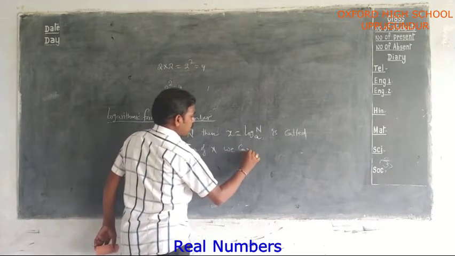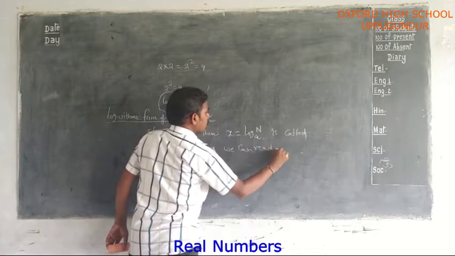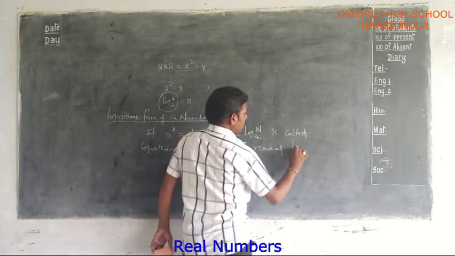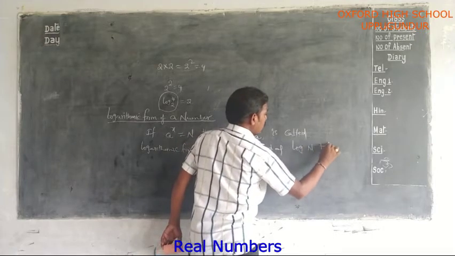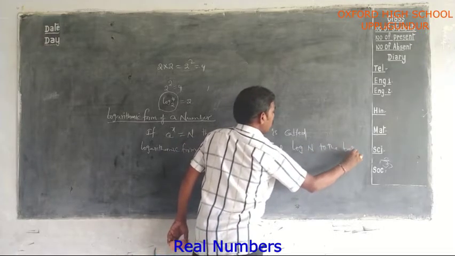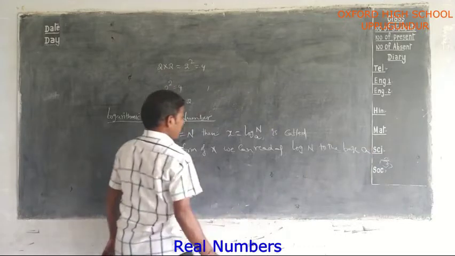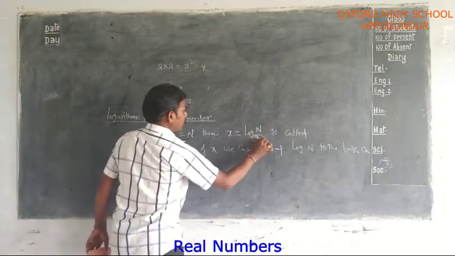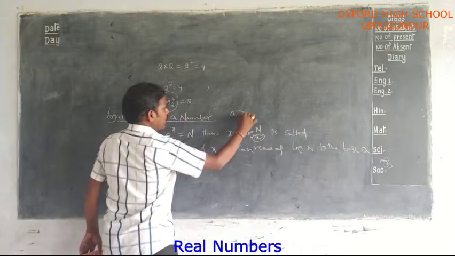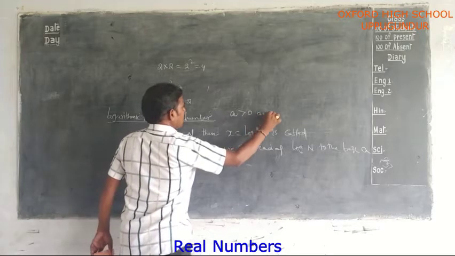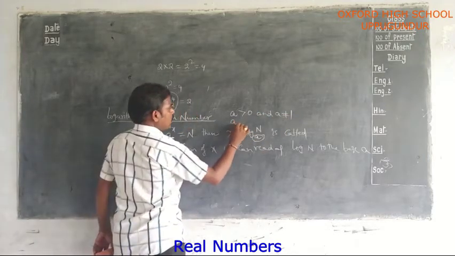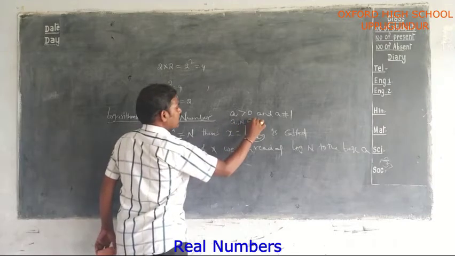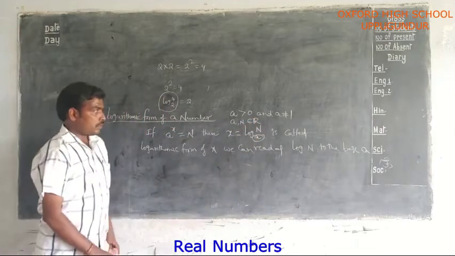We can read it as log n to the base a. Here this a is always greater than 0 and a not equal to 1, where a and n belong to the set of real numbers.